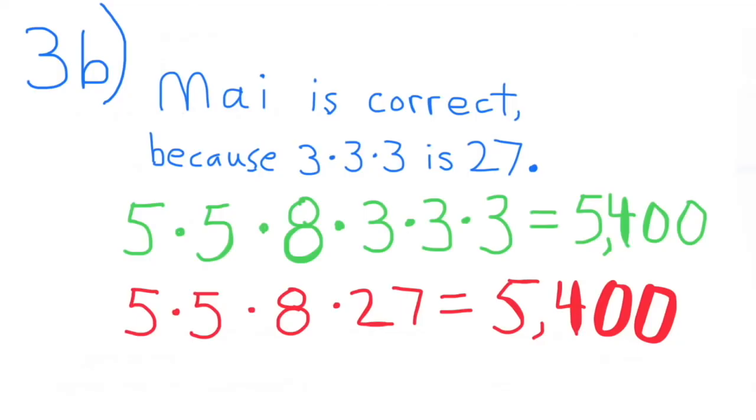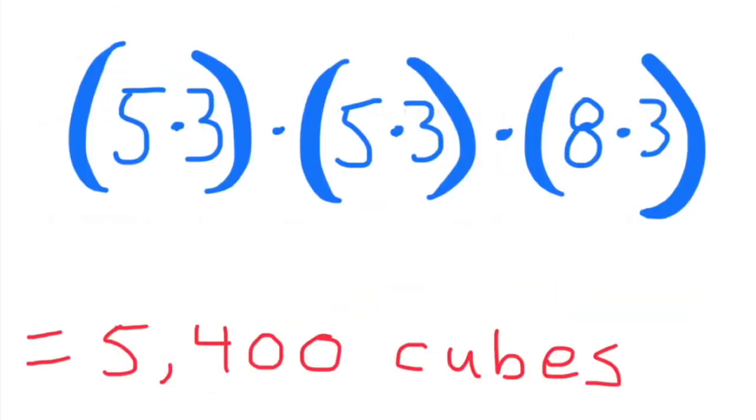So 5 times 5 times 8 times 3 times 3 times 3 equals 5,400, just like 5 times 5 times 8 times 27 equals 5,400. Remember, when multiplying, the order doesn't matter. We could even do 5 times 3 times 5 times 3 times 8 times 3, and we'd still get 5,400.